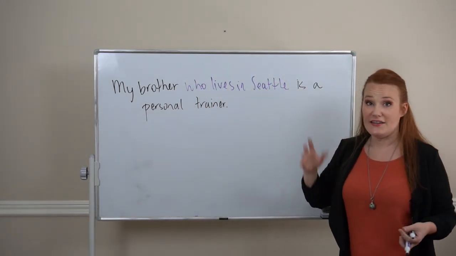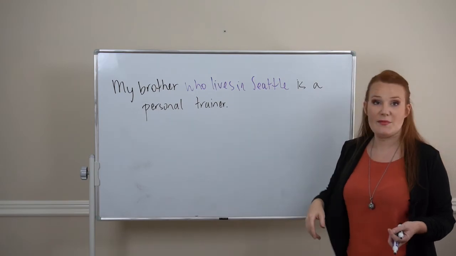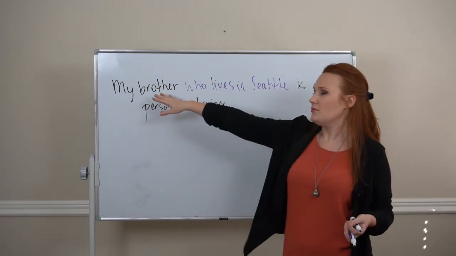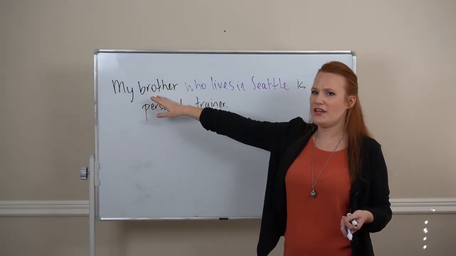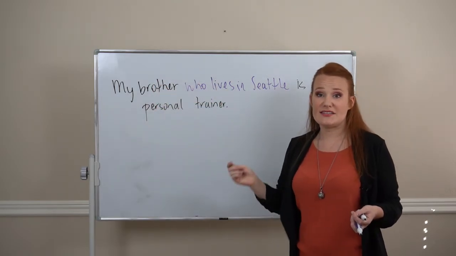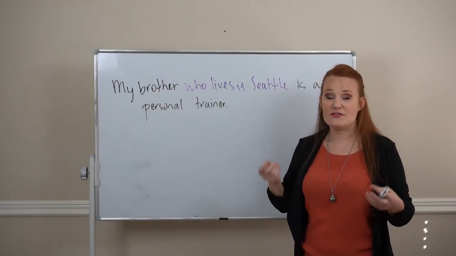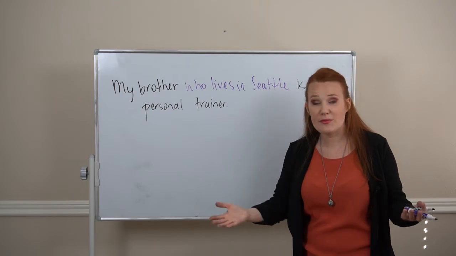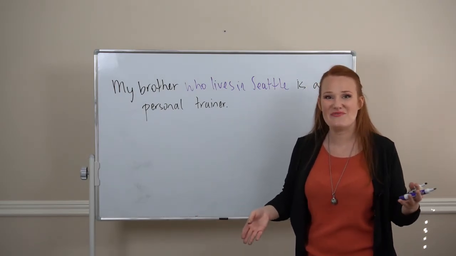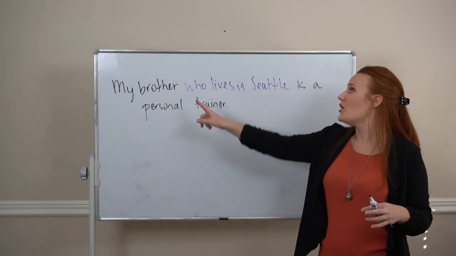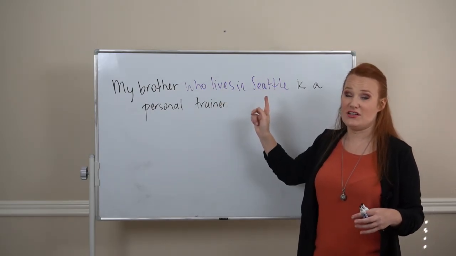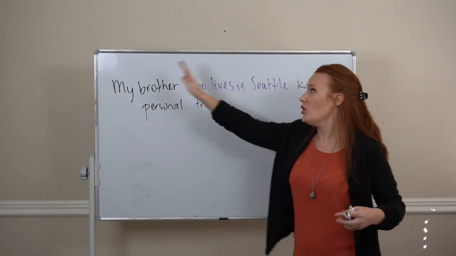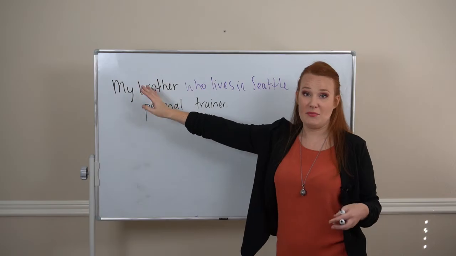This is a defining clause. There's no commas, so it's identifying which one here. So this must mean that I have 2 brothers. I have 3 brothers. I have 4 brothers. I don't know how many, but more than one.